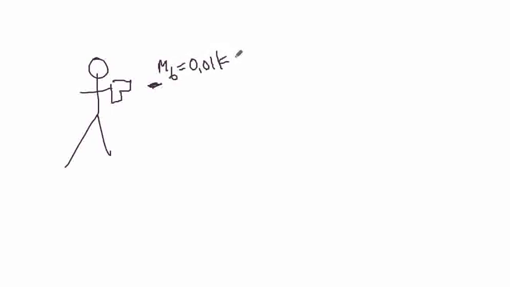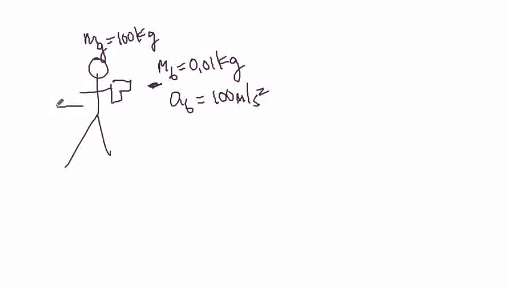So here is a person, and let's say you knew that the bullet had a mass of m_B for bullet, let's say it was 0.01 kilograms, and you knew that the gun gave the bullet an acceleration of 100 meters per second squared, and let's say that the guy, m_G for guy, has a 100 kilogram mass. Doesn't he also get a recoil? If you've ever fired a gun, you know what I'm talking about. You'll definitely feel a force back. We call that the recoil force.